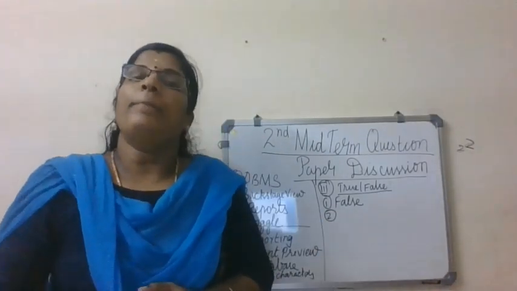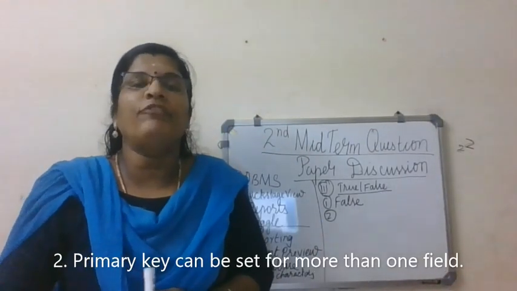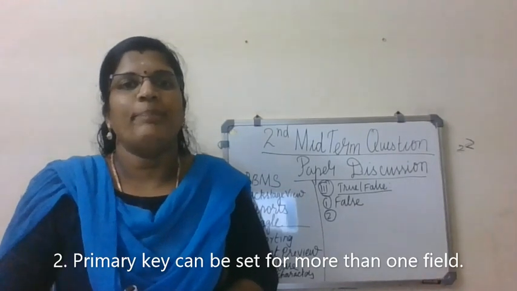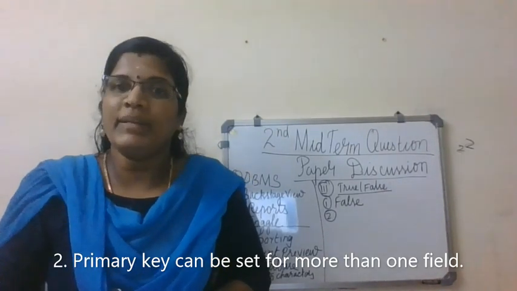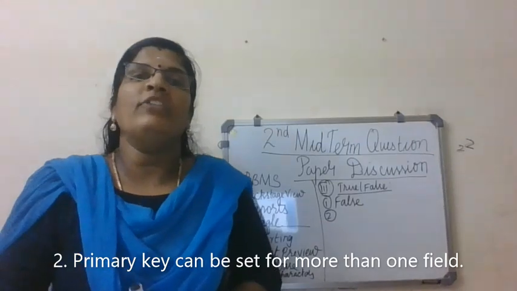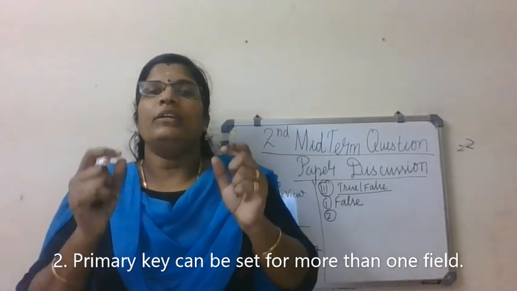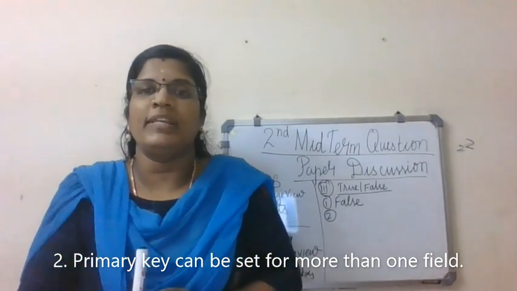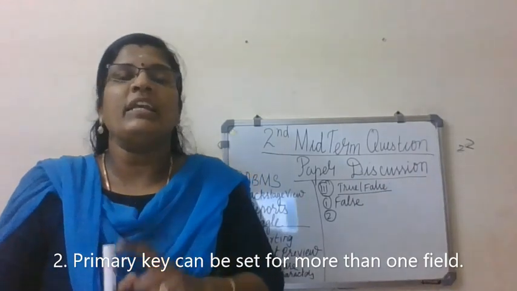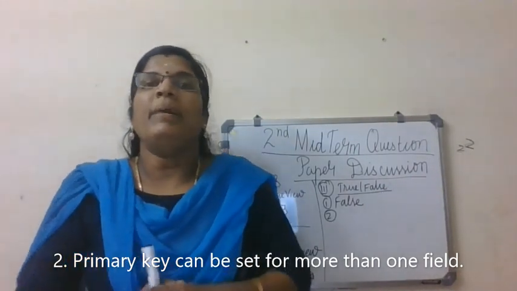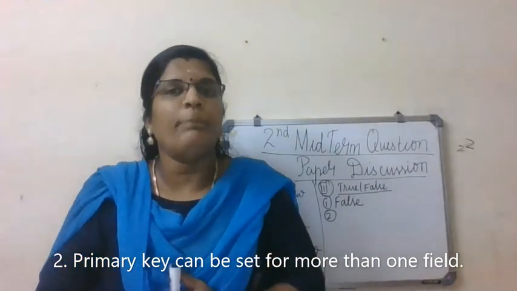Second one: primary key can be set for more than one field. Many students have made a mistake here. We usually set a primary key for only one field, but actually we can set it for multiple fields.